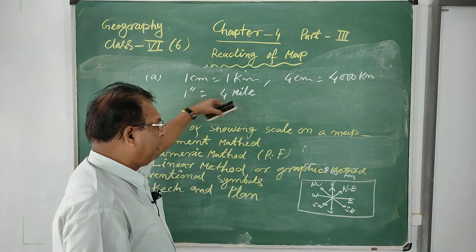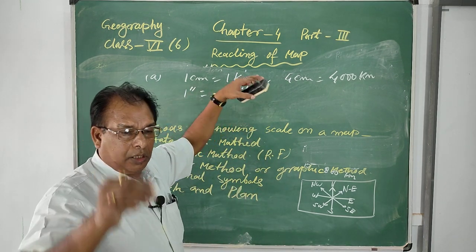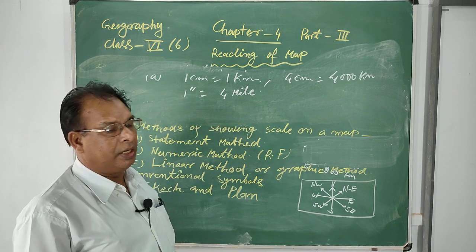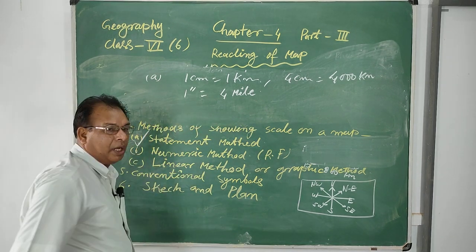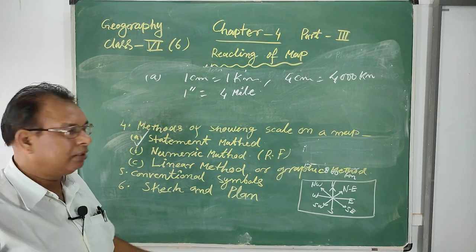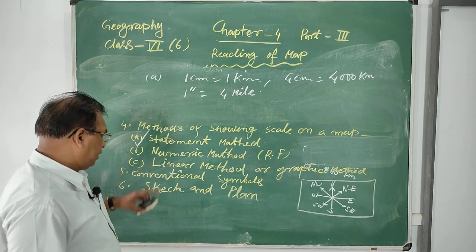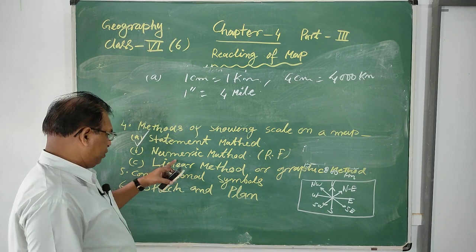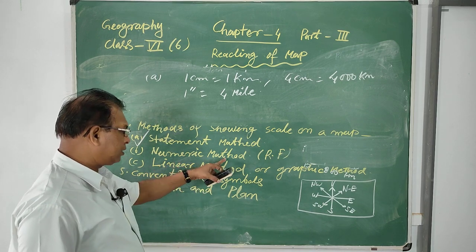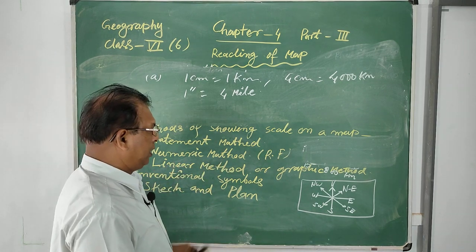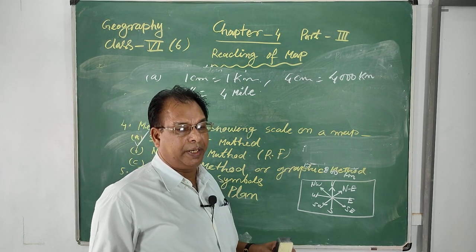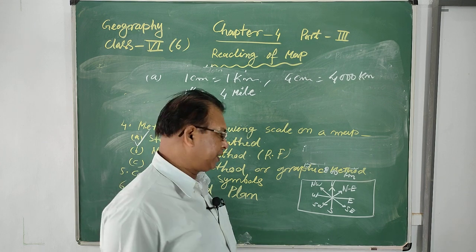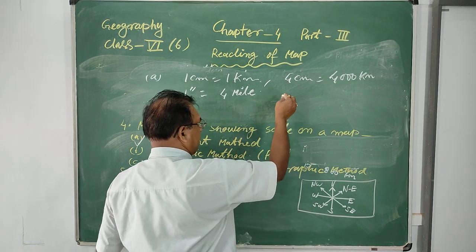So these types of statements of the scale are known as the statement method of the scale, or the measuring of the land. And the numeric method is a method we use for the measurement of small areas.